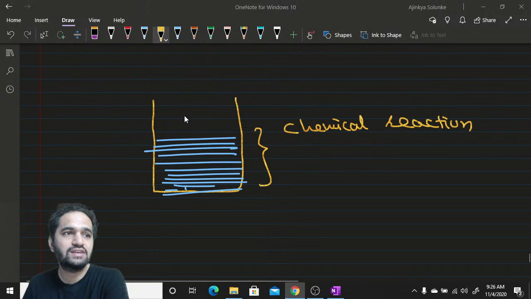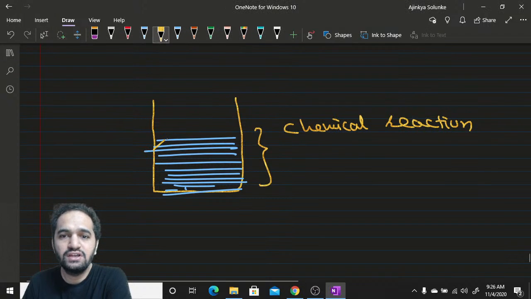Are you understanding? Chemical effects are nothing but when electricity is passed through liquids. For example, these liquids. So in short, how can we write it?